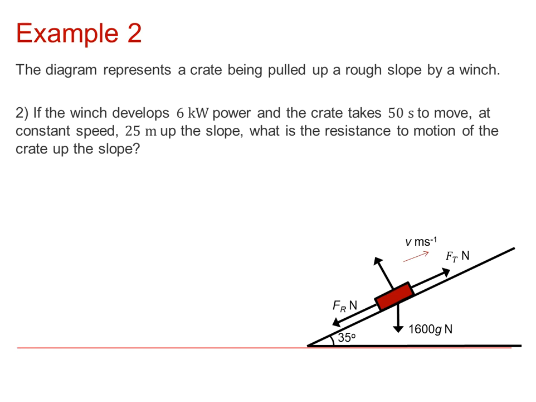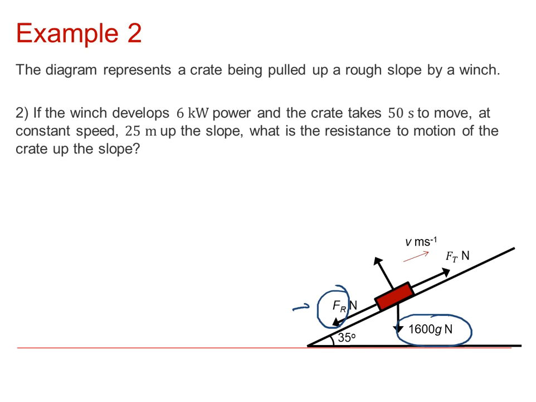The second part of the question asks us to work out the resistive force Fr shown on the diagram. Now we can say that the work done by the winch will be equal to the work done against this frictional force and also the component of the weight which is acting down the slope.